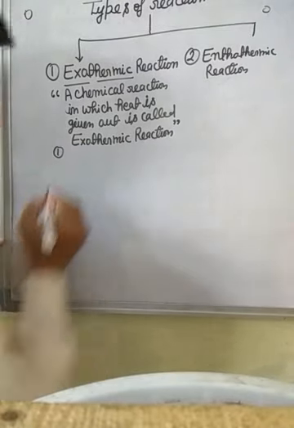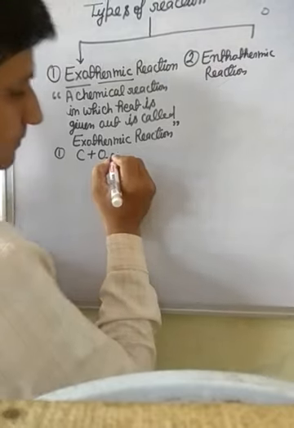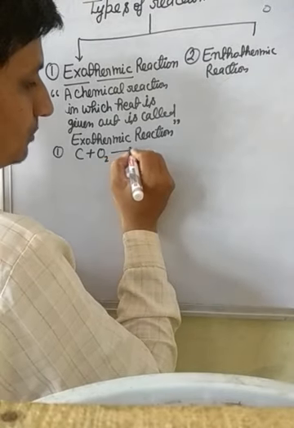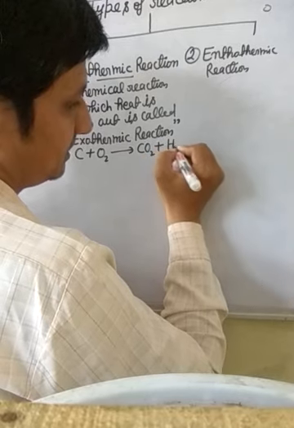Examples of exothermic reactions are: number one, carbon burns in air to form carbon dioxide plus heat.